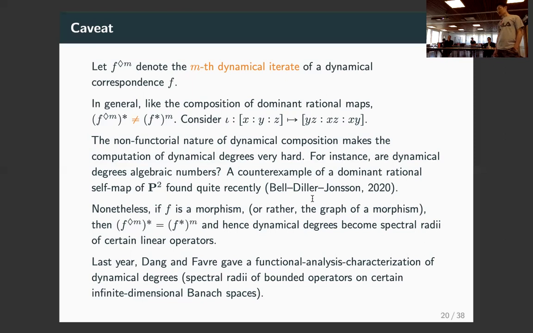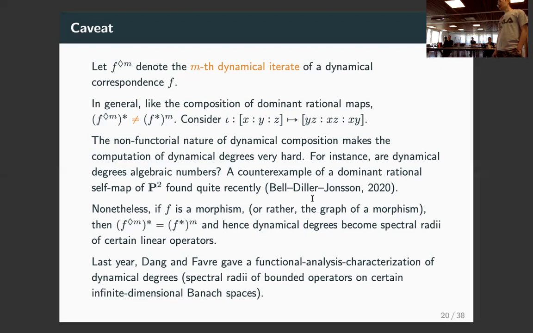So they construct some infinite dimensional Banach spaces, and then they interpret the dynamical degree as a spectral radius of these operators. Using this construction, they prove some new results, for example about the growth of degree sequences, and also something about the algebraicity of the dynamical degree.